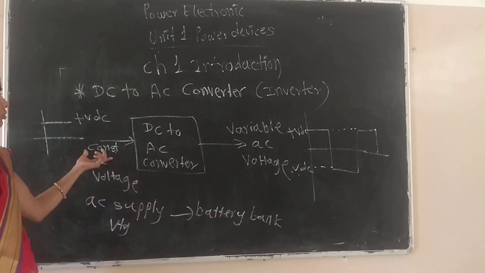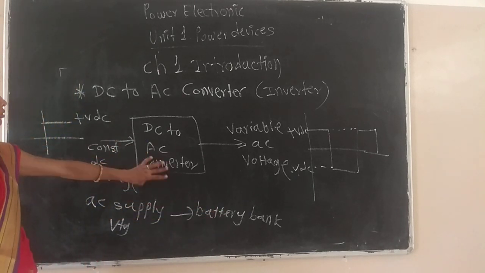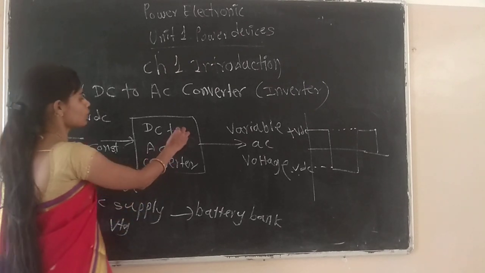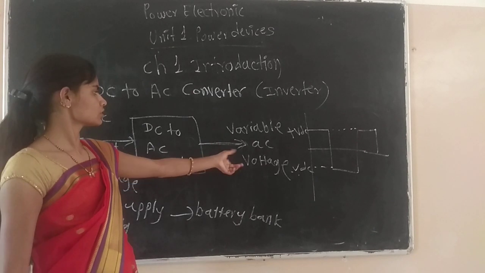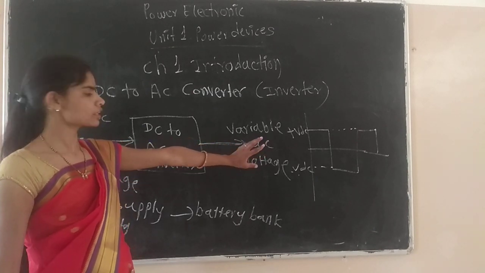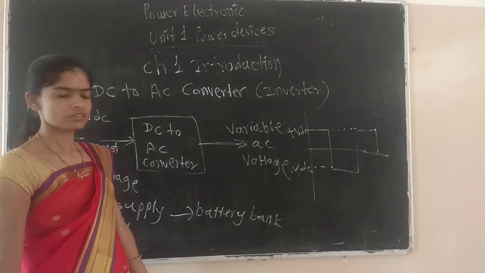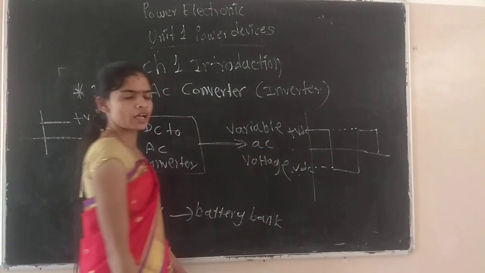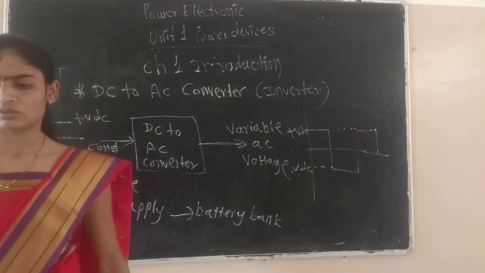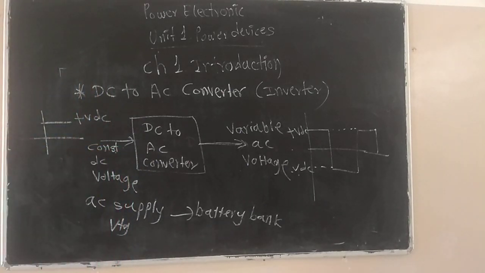This fixed DC voltage is given to the DC to AC converter, and the output of the DC to AC converter is a variable AC voltage. That means the amplitude is variable and the frequency is variable. We get variable frequency and variable amplitude at the output of the inverter.